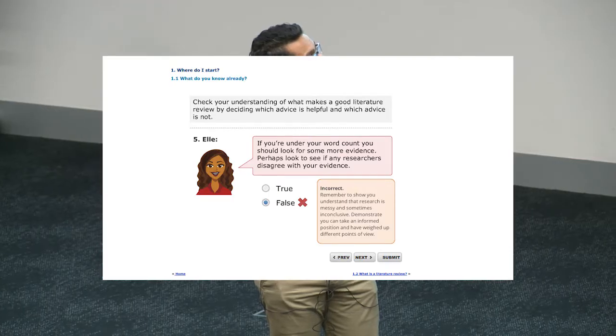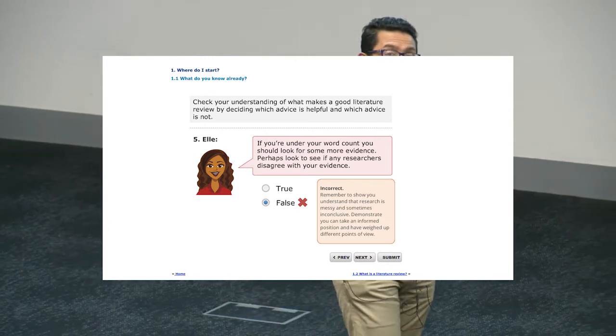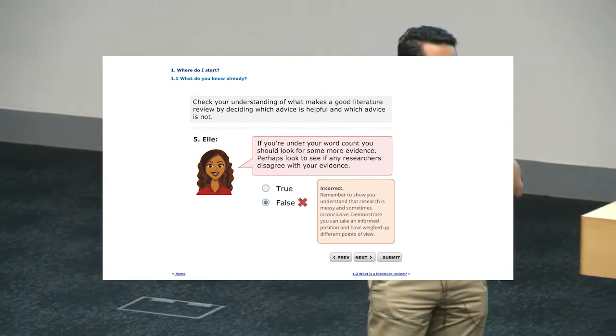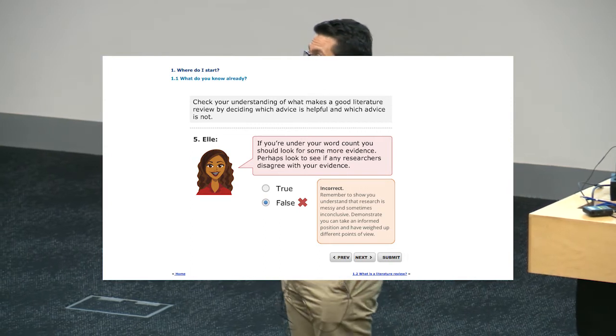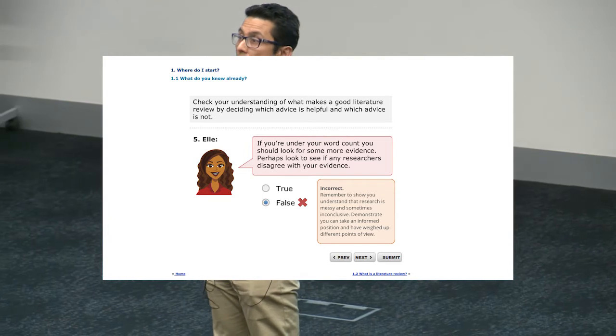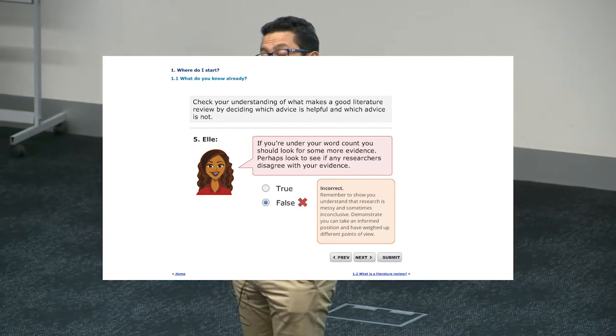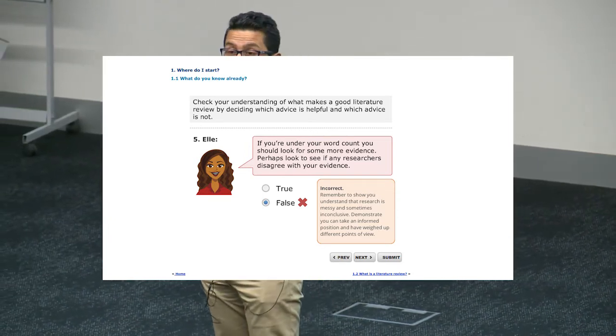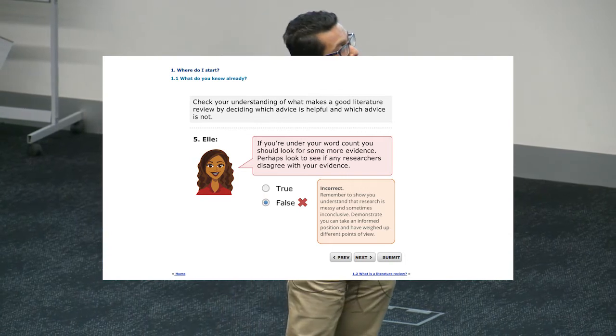And then going on to Ellie, who said, well, I'm reading quite a lot of information, and what I'm finding is that there's a lot of information saying that something works, but then I've also read some papers that say it does not work. Should I put that in? Will I be marked down? And so that's the idea, that you need to keep thinking on both sides of the story when you write your lit review. So that is what we got the students to think about before they jumped into writing the lit review.